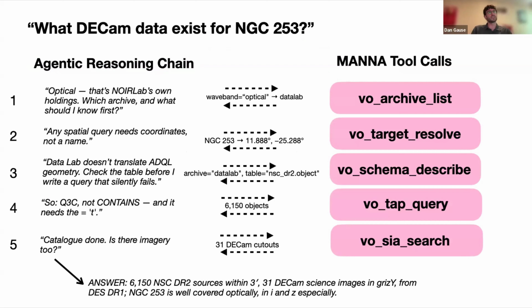And at each step, it calls a different tool from MANNA, from which it either gets archival context or it executes a query. So this is a simple example, but the general idea is that at each step here, an LLM is able to get more information that it needs cheaply.